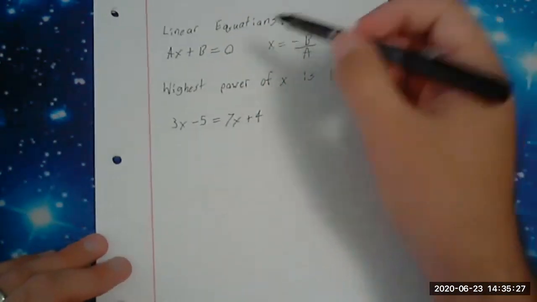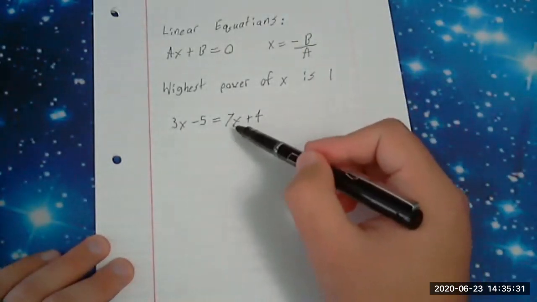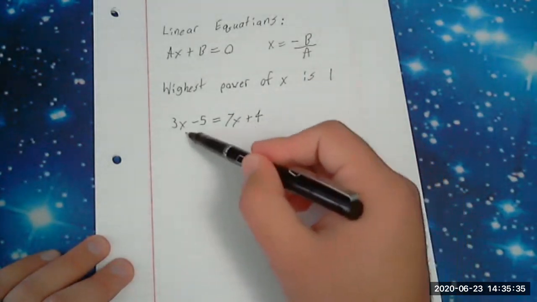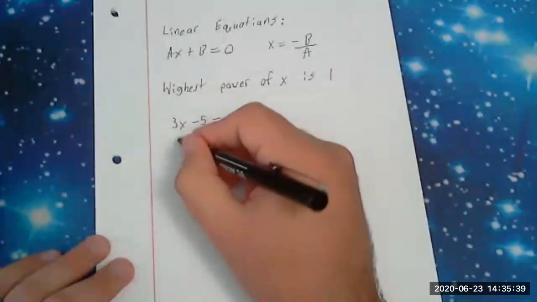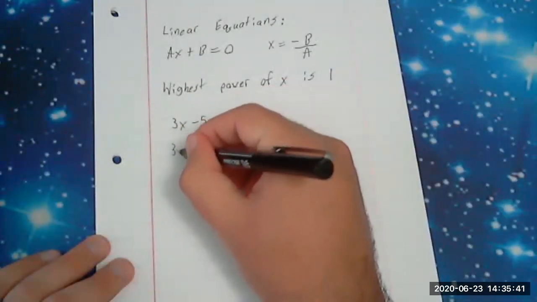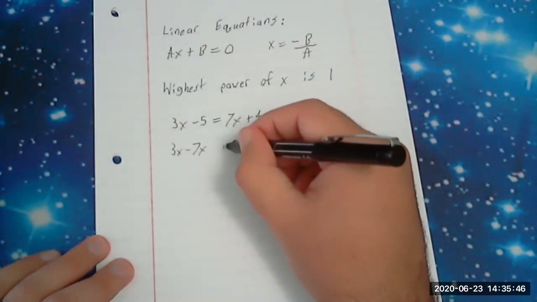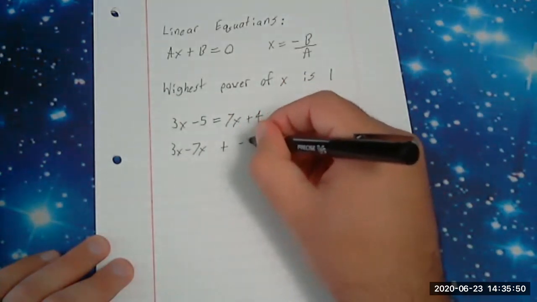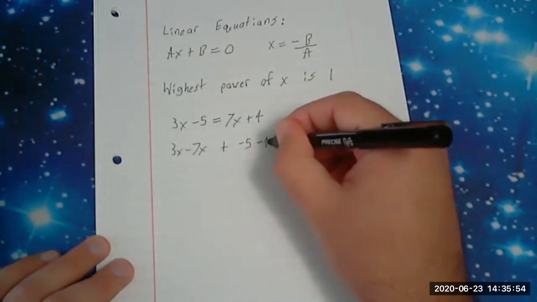So we could pull everything to the left, in which case this 7x gets subtracted over here, and this 4 gets subtracted over here. So you get 3x minus 7x minus 5, and then minus 4.